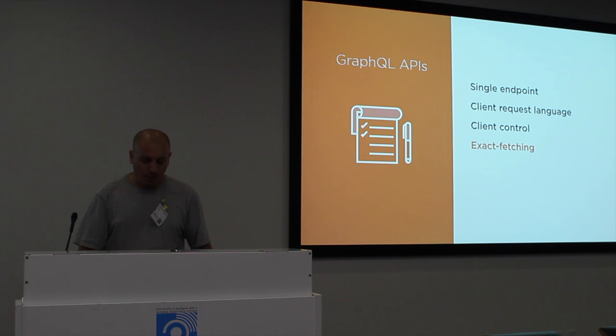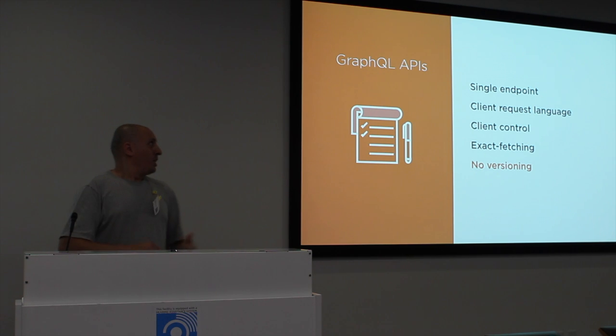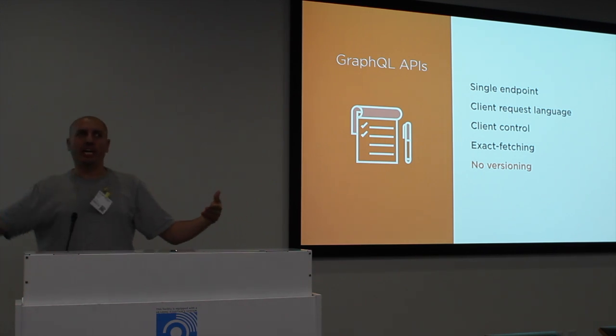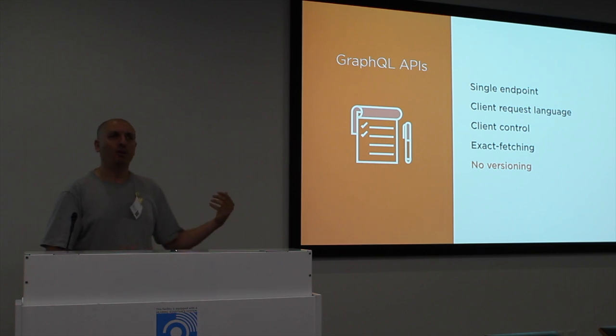And also, when it comes to versioning, there's a unique perspective about it. Basically, you can avoid the versioning problems by just introducing new fields for the query language to ask for. You keep all the old fields.